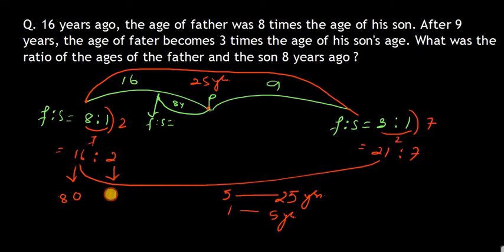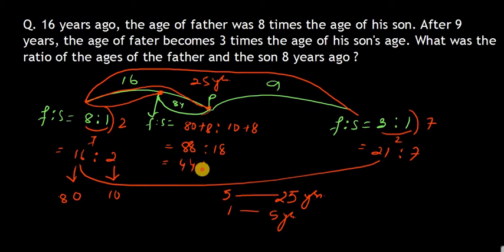Son is 5 2 is 10 years. So the present age of father is 80 plus 8 and son is 10 plus 8, equal to 88 to 18. 24, 24 29 is 18, 44 is to 9.